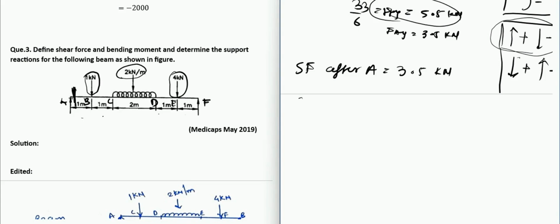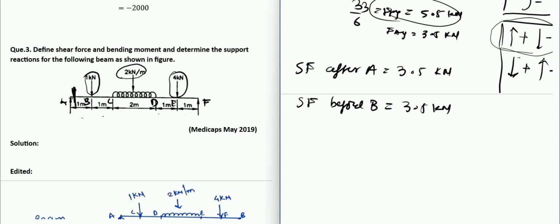So let us calculate shear force before B. As I said, whenever there is a sudden force, you can calculate before and after the point. It will make your job easy. What we have before B is the same force as at A, because there is no force between A and B. So we just write the same force, which is 3.5 kilonewton.